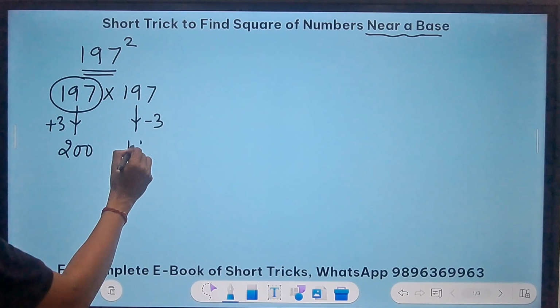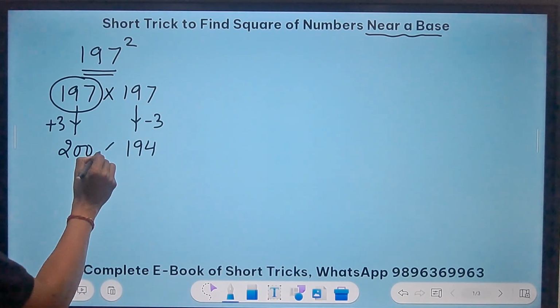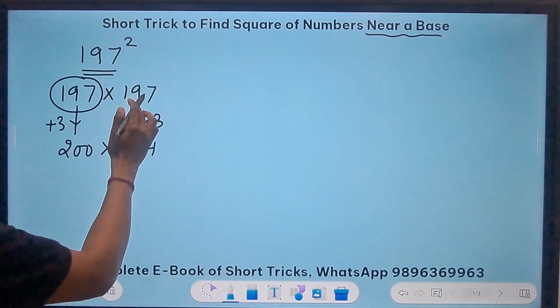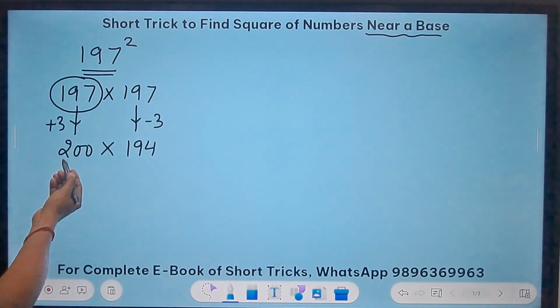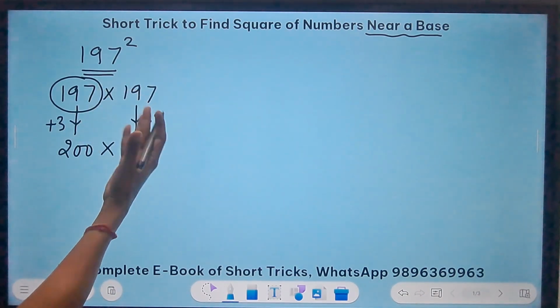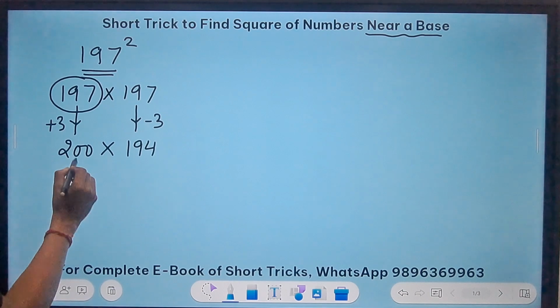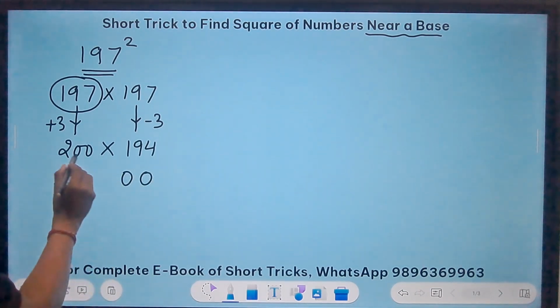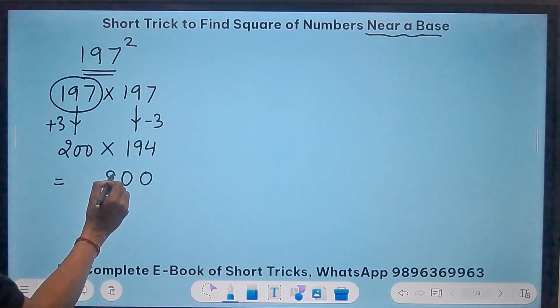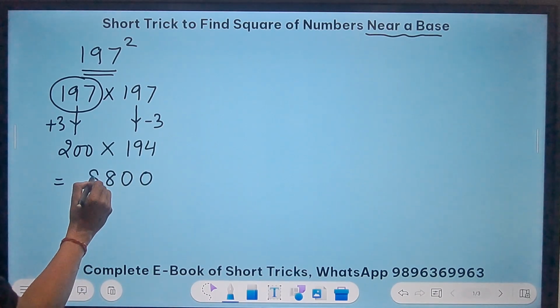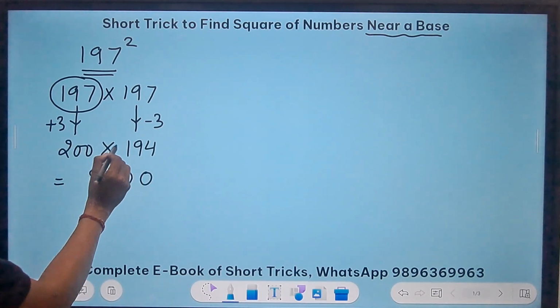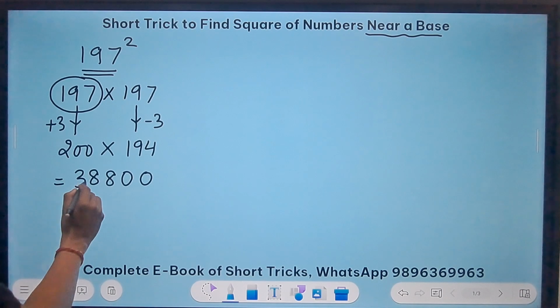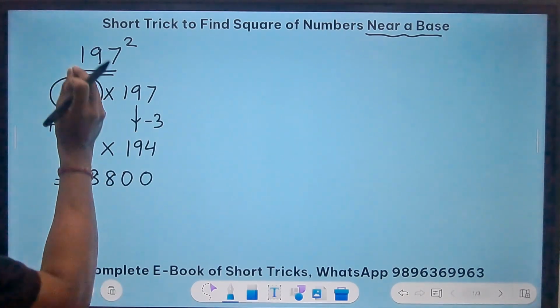I get 194. Now multiplying 197 and 197 is tricky, but multiplying 200 and 194 is easy, right? Why? Because we have 2 zeros here and 2 times 4 is 8, 2 times 9 is 18, so 8 and a 1 carry, 2 times 1 is 2 plus 1. 3. So 3800, is that the answer? Not at all.